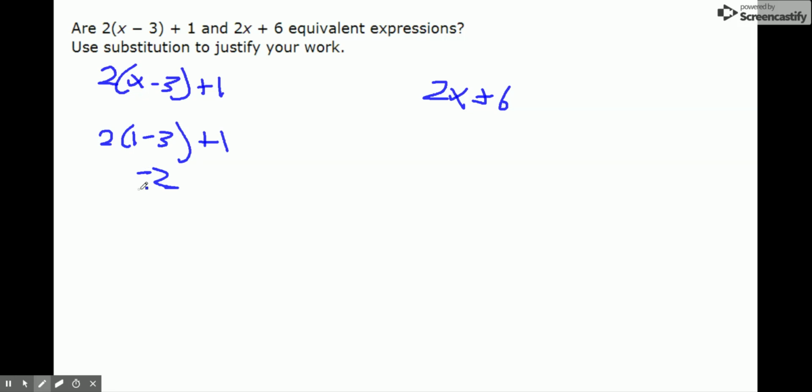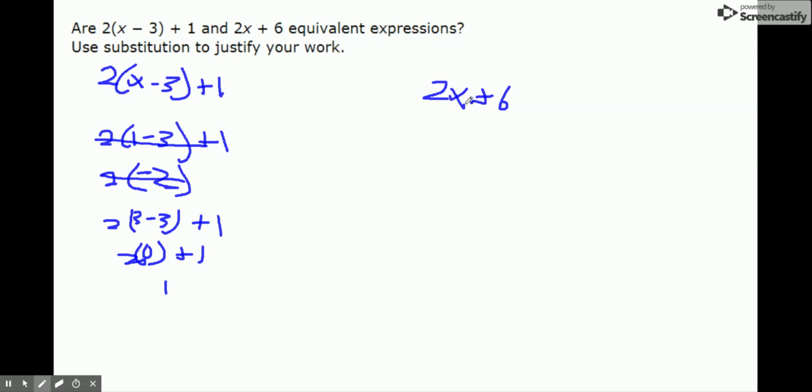This isn't something we covered in class, just FYI, because now we're going to have to multiply by that negative. So we probably want to avoid using 1. So let's go back and use 3. 3 minus 3 is 0, times 2 plus 1 is going to be 0 plus 1, and then it'll be 1.